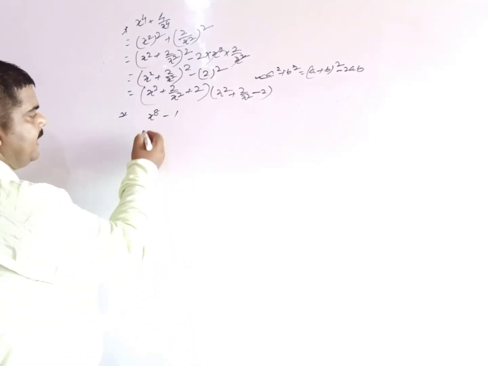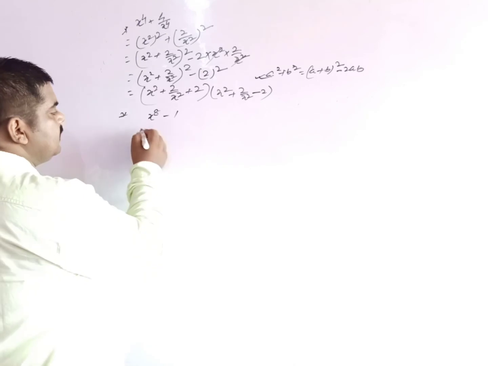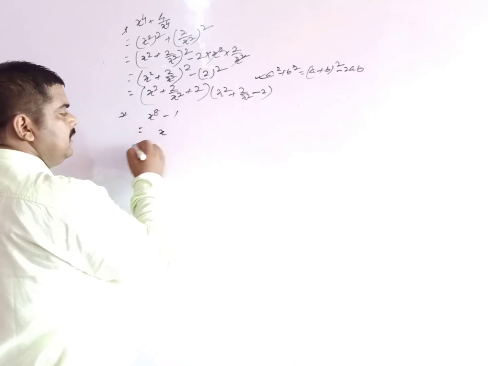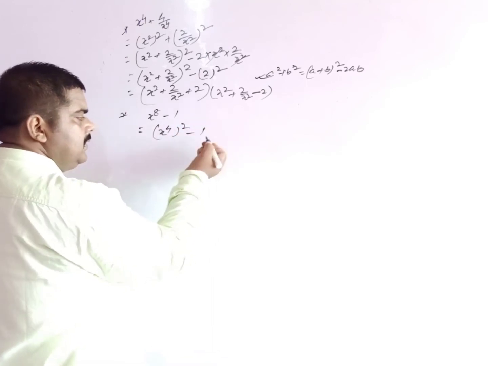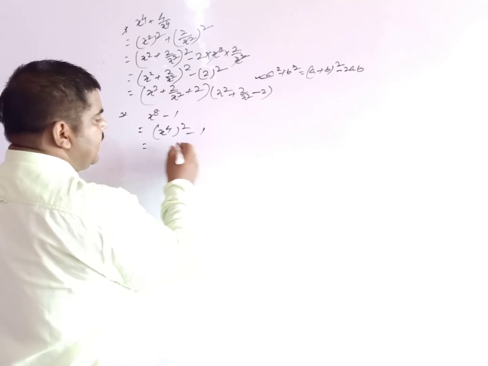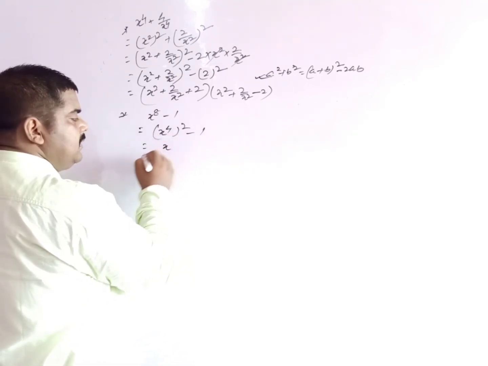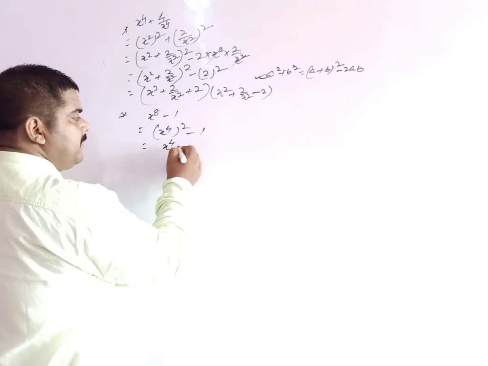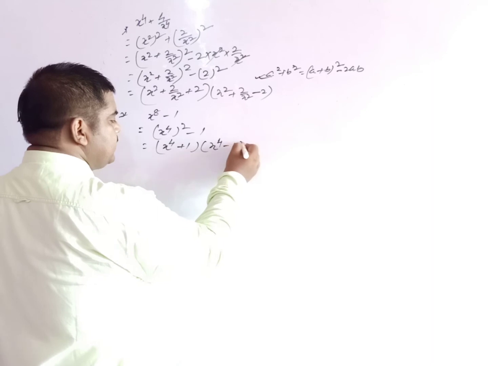And the last question I am going to discuss: x to the power 8 minus 1 can be rearranged as (x to the power 4) whole square minus 1, because 1 can easily be written as 1 square. So you have to apply the formula a square minus b square, and by this formula you know very well that it is (x to the power 4 plus 1) into (x to the power 4 minus 1).